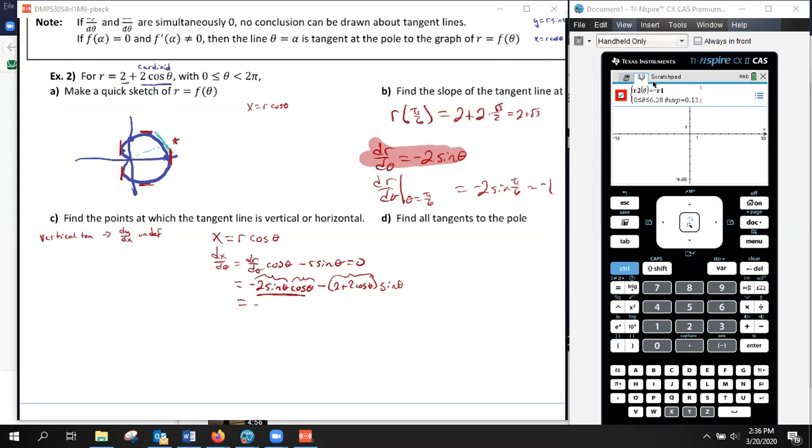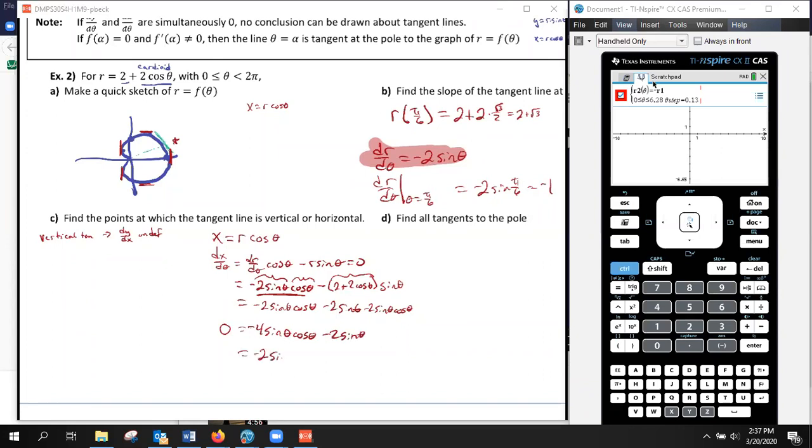To simplify, let me just multiply it out. So this would be -2 sine θ and then -2 sine θ cosine θ. I want to know when dx/dθ equals 0. This would be -4 sine θ cosine θ minus 2 sine θ.